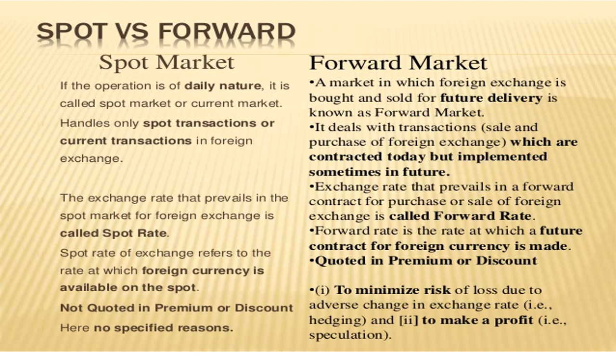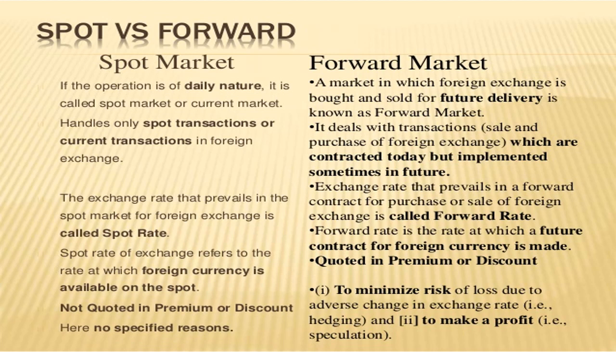Today I am going to exchange the $10, but that exchange will actually happen after 1 month. So the rate applicable for that type of transaction is known as the forward rate. Forward rate is the rate at which the future contract for the foreign currency is made, and it is quoted in premium or discount.